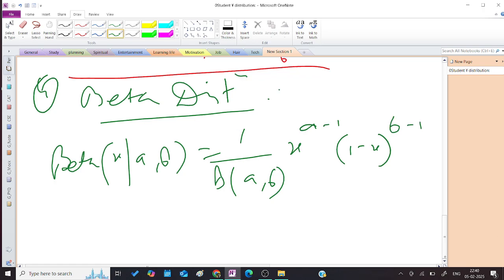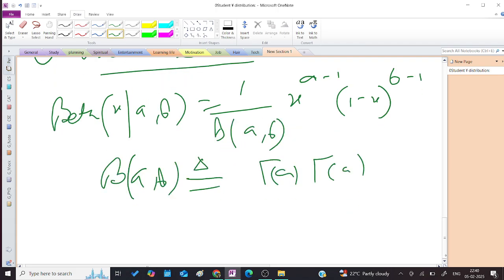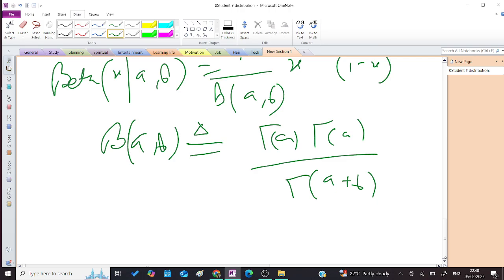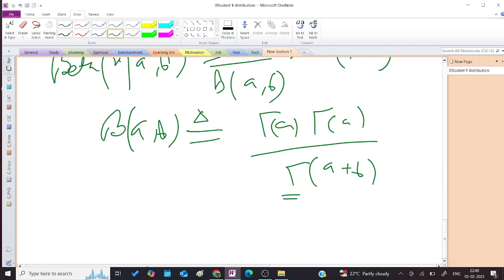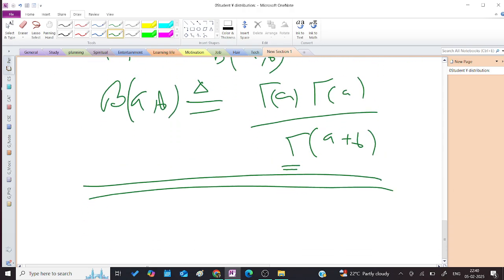Here B(a, b) by definition is gamma(a) gamma(b) by gamma(a + b). I am actually forgetting its name, what it is really called, but you may remember this.